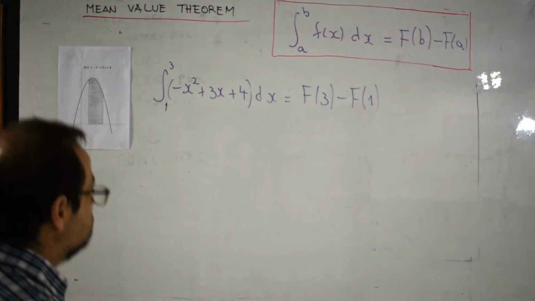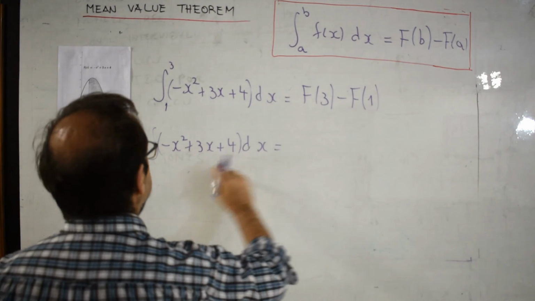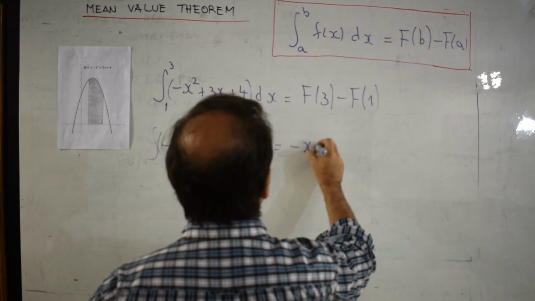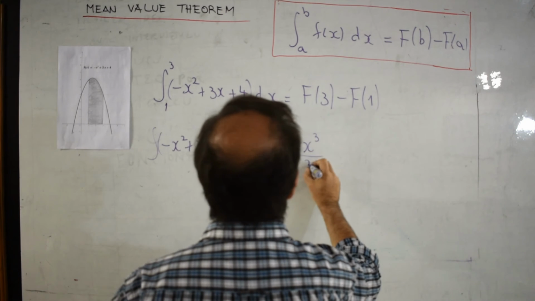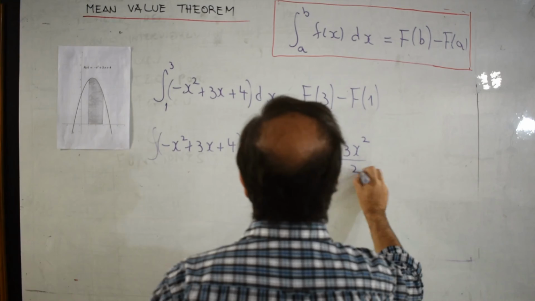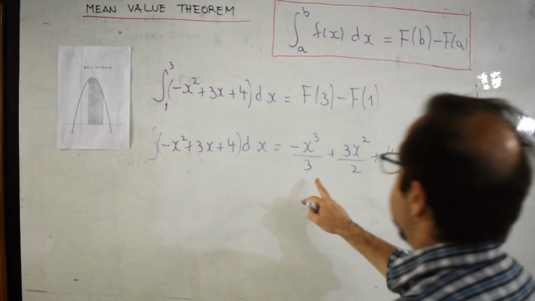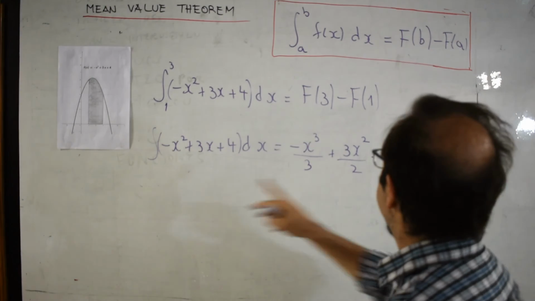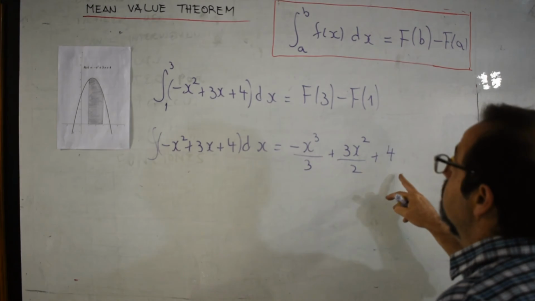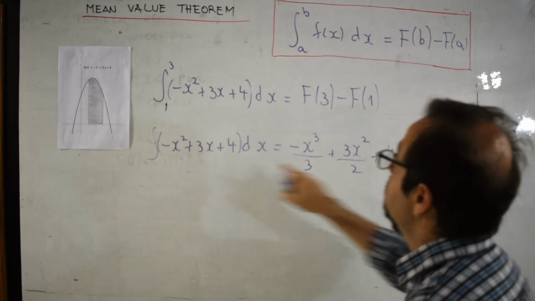So the indefinite integral of this function is going to be, following the rule we said, minus x cubed divided by 3 plus 3x squared divided by 2 plus 4x. When we find the derivative of this, you get this easily. The 2 cancels out, and here 4x.